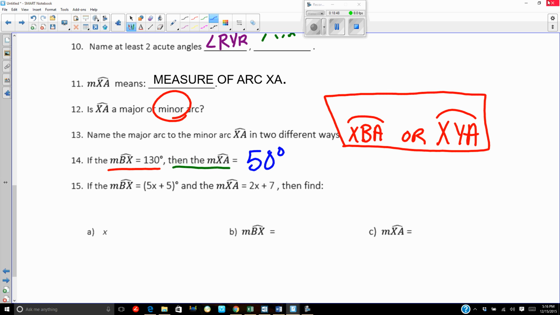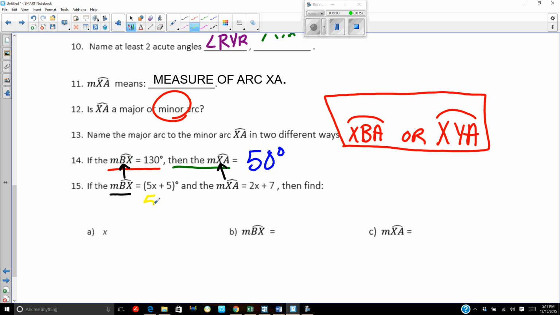All right, and then a similar question on 15. It's the same 2 arcs. So notice the measure of arc BX and the measure of arc XA. We just saw that those 2 arcs form half of the circle, so we know that those 2 arcs added together equal 180 degrees.